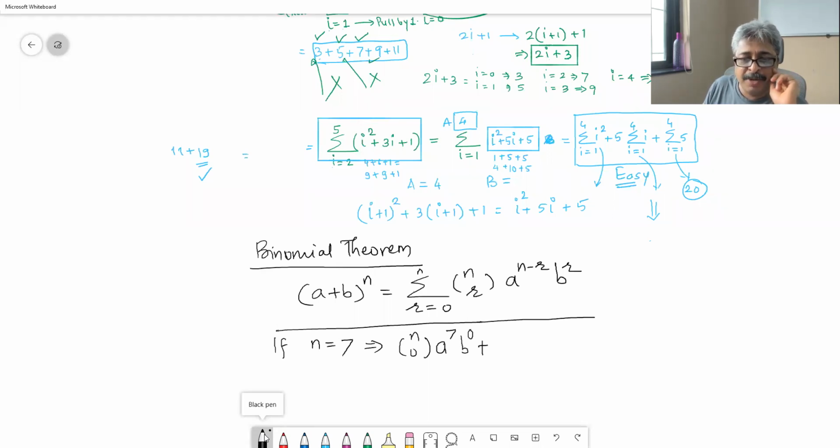Plus, because of sigma, plus n choose 1, a raised to 6, b raised to 1, plus n choose 2, a raised to 5, b raised to 2, plus and so on. Wherever n is there, I should write 7, because it is 7.